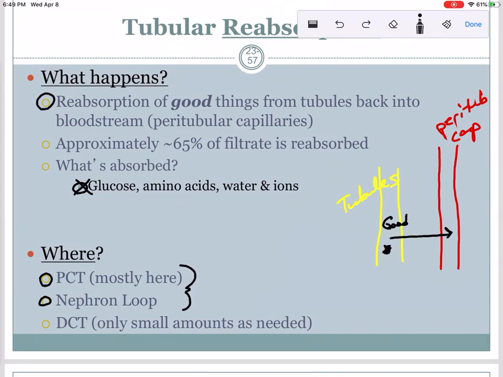There's much less reabsorption happening in the distal convoluted tubule. And of course, I mentioned this already, we reabsorb a lot. I'm not going to ask you that number, but just know that we tend to reabsorb a lot and leave very little left for urine.